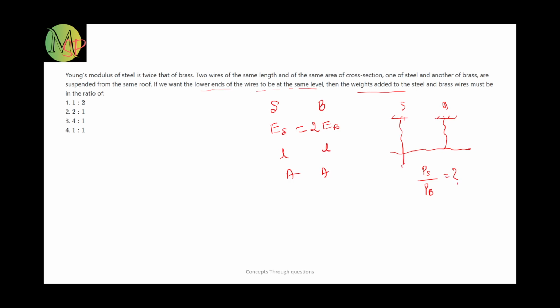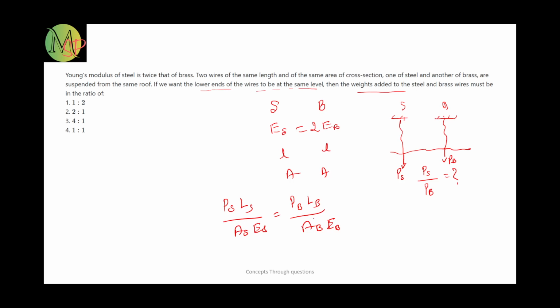After applying force at the end, this is PS, this is PB. They should be at the same level. They may extend also, but this delta L change in length will be the same. So just you can write down this equation: PS LS divided by AS ES equals PB LB divided by AB EB.